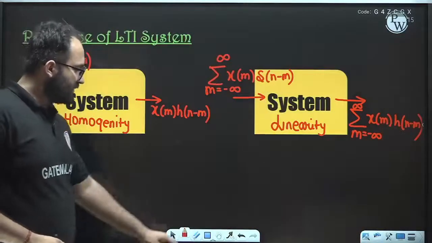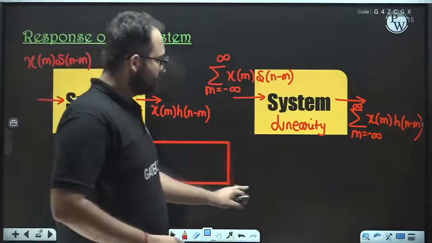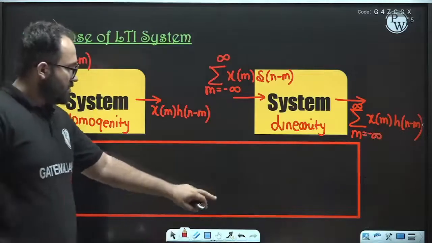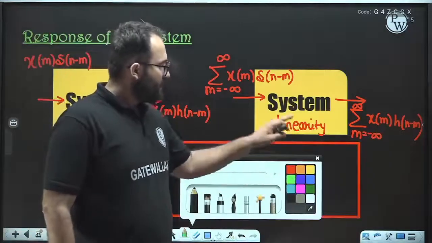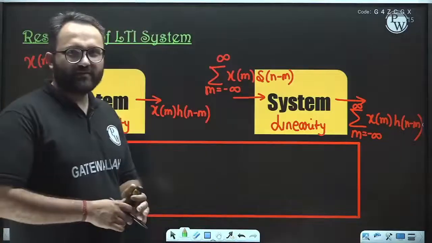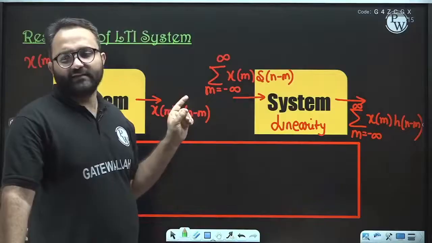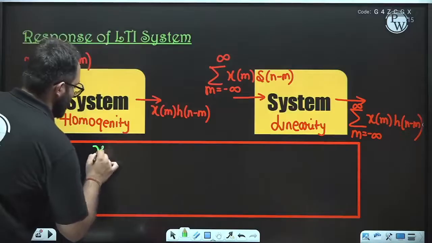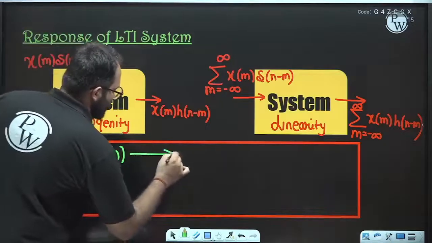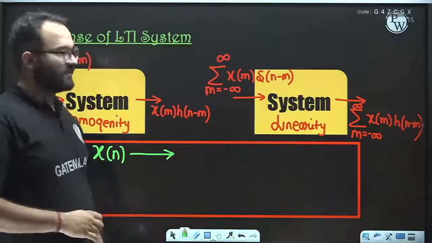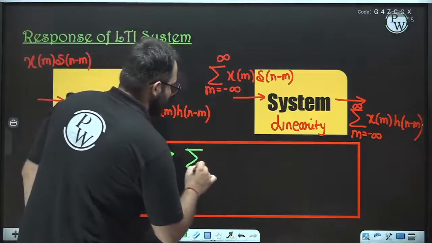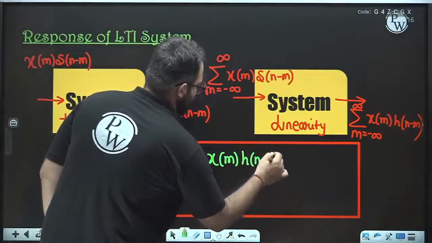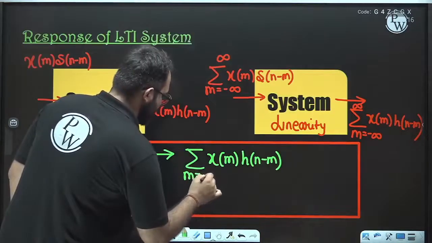So if we see this input, we know that this is x[n], right? So if we give x[n] as the input to the system, then the response is the sum of x[m] h[n minus m], from minus infinity to infinity.